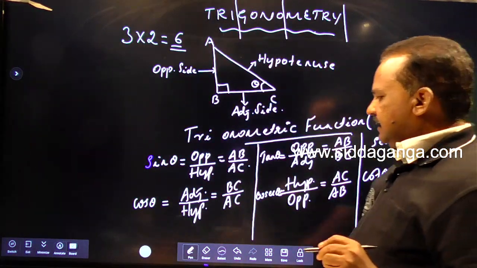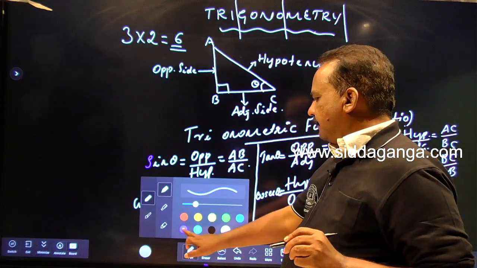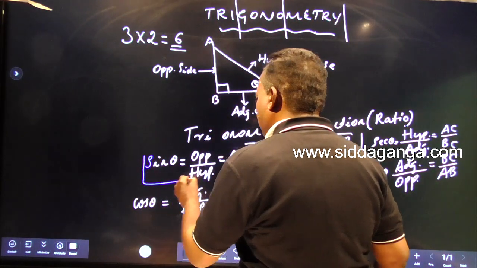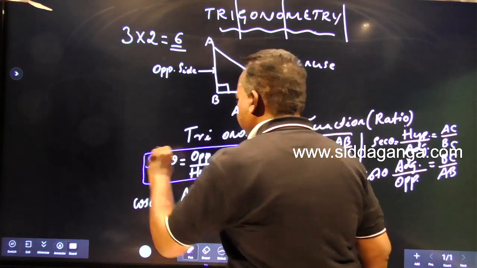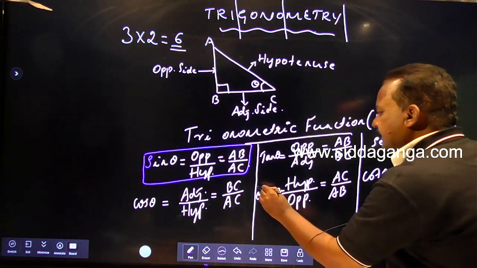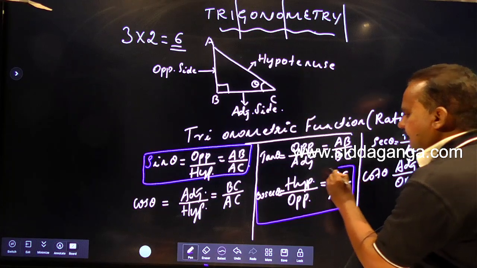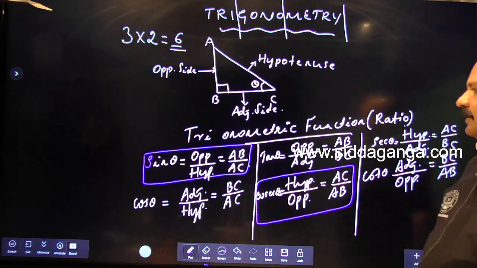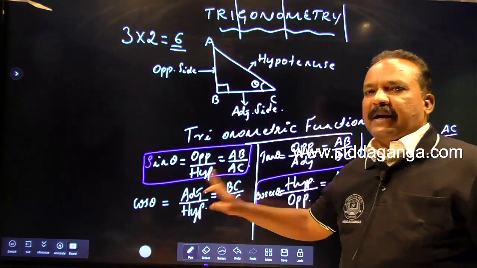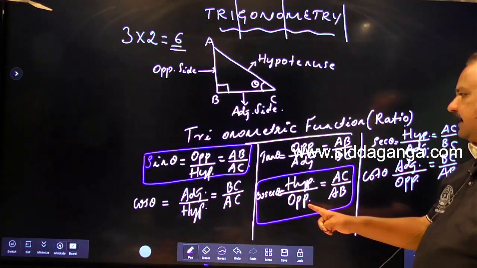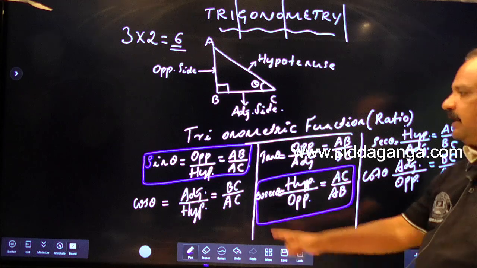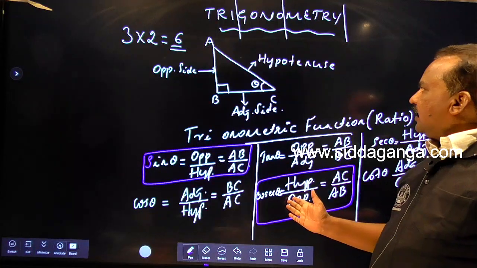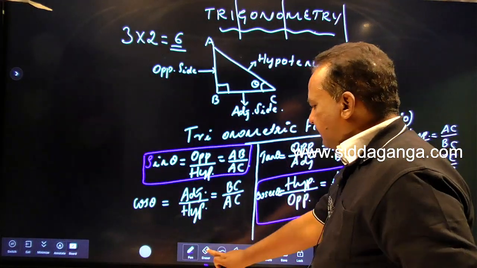Just take the sin ratio, this ratio, and then you can take the cosec ratio. Look, I have marked these two. How do you define sin theta? Opposite by hypotenuse. How do you define cosec theta? Hypotenuse by opposite. So these 2 functions are the reciprocals of each other. Sin is the reciprocal of cosec and cosec is the reciprocal of sin.